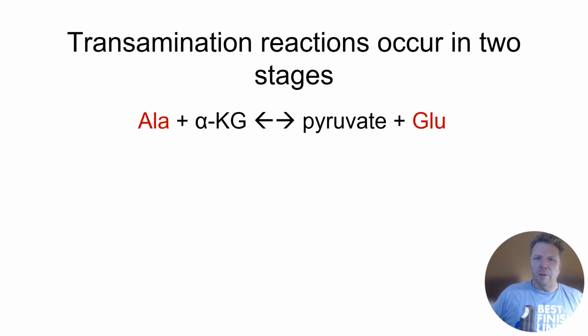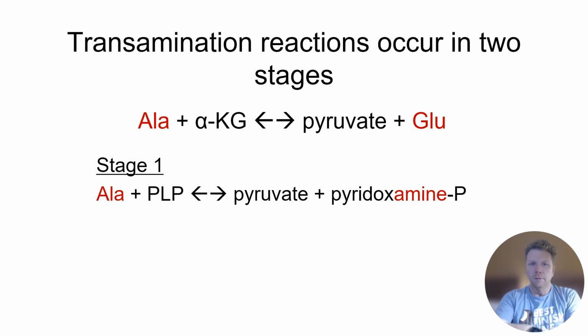Now, transamination reactions occur in two stages. The first stage is when we take an amino acid like alanine and the other reactant, alpha ketoglutarate, and do our transamination reaction, producing pyruvate and glutamate. In order for this to happen, we have alanine and PLP. PLP is our vitamin B6 molecule.